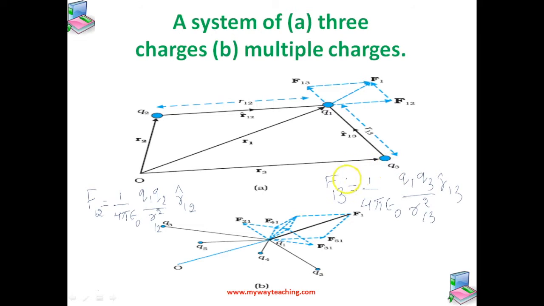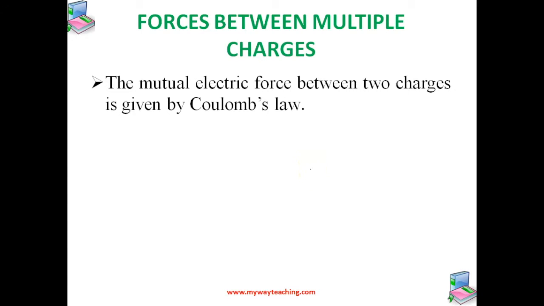This is it: the Coulomb force on Q1 due to Q3, even though the other charge Q2 is present. So we can now calculate the total force F1 on Q1 due to the two charges Q2 and Q3.